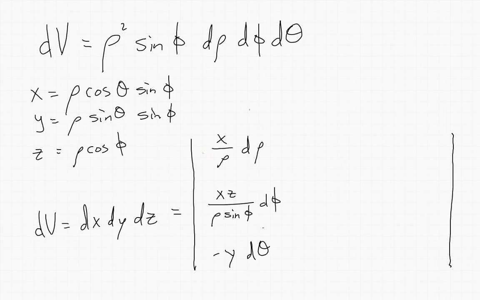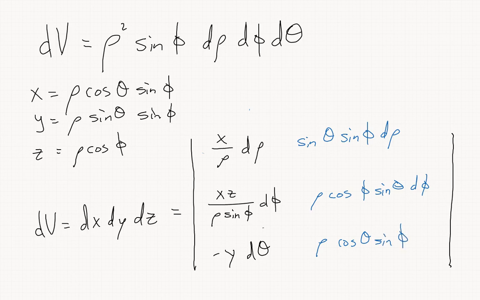Then we'll do the next thing for dy. So dy will be sine theta sine phi d rho, and then rho cos phi sine theta d phi, and rho cos theta sine phi d theta.